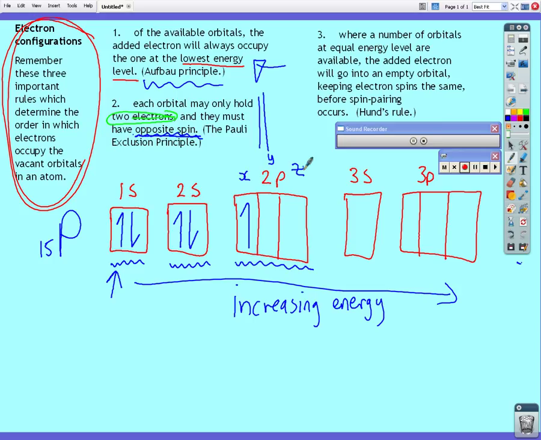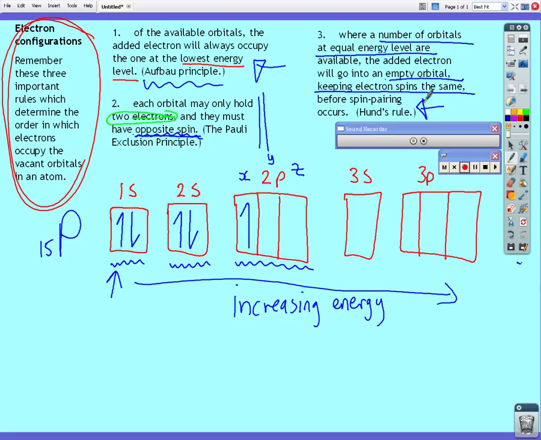If you have a number of orbitals at equal energy, they go one at a time into empty orbitals, keeping the electron spins the same. Hund's rule. Just like when you get on a bus and you pick a seat by yourself before you have to sit next to somebody else.